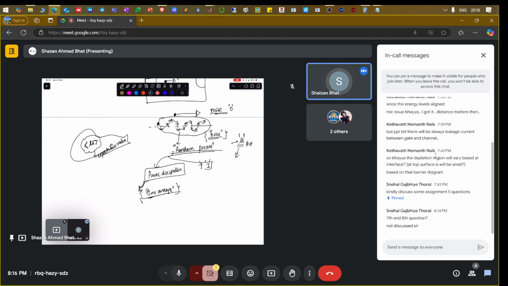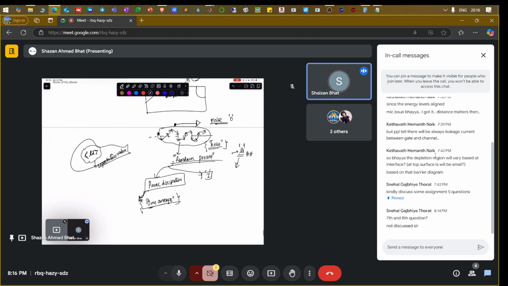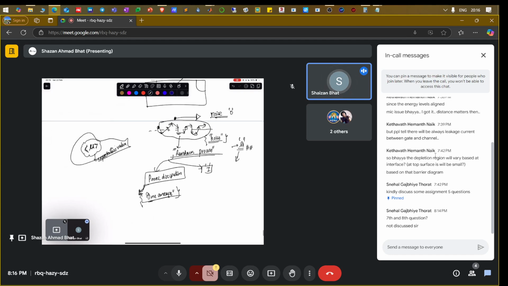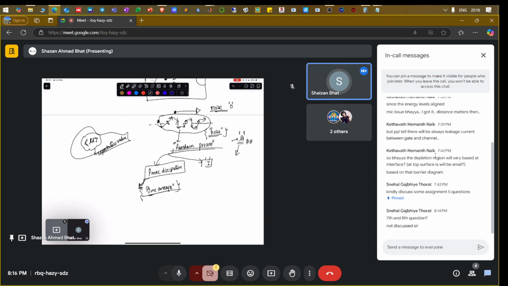Now, what is that? I don't want to discuss statistical and time averages and ergodic processes. That's a different thing. But because of the inherent random nature of these processes, there is inherent noise present in the system. Had it not been random, had it been a totally deterministic process, then you could have at least eliminated most of the noise. But because of the inherent randomness in this device, there is a noise inbuilt, which is because of the flow of the carrier.